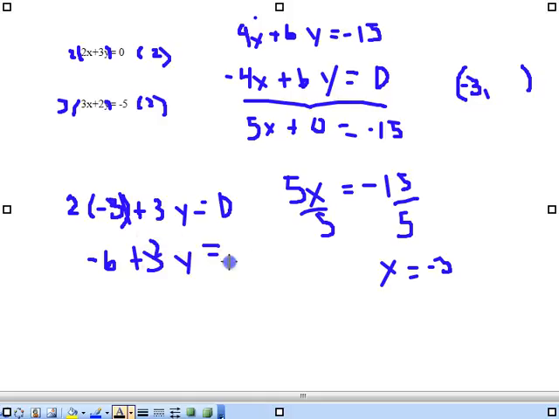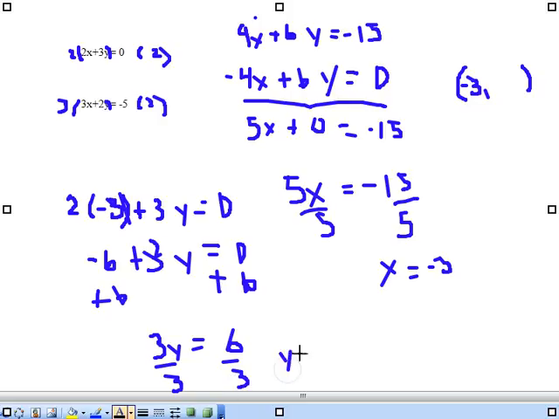Then you add 6 to both sides, and you get 3y equals 6. And divide by 3 to get y by itself, and you get y equals 2. So the solution for this system of equations is negative 3, 2.